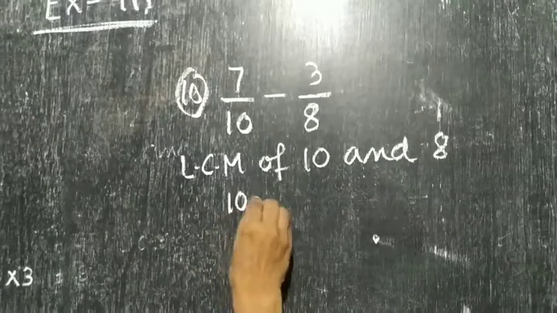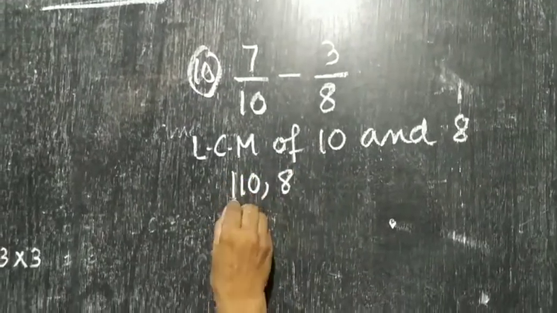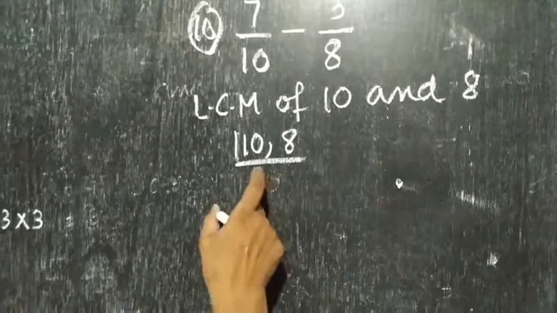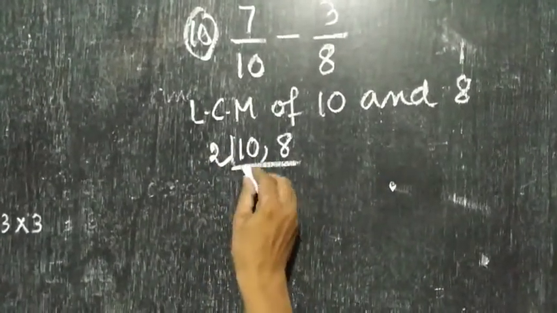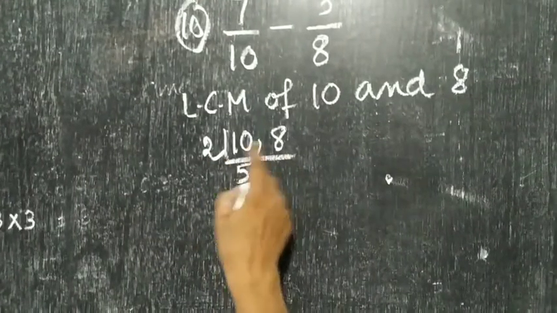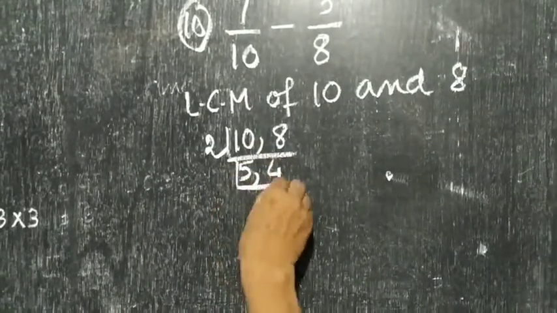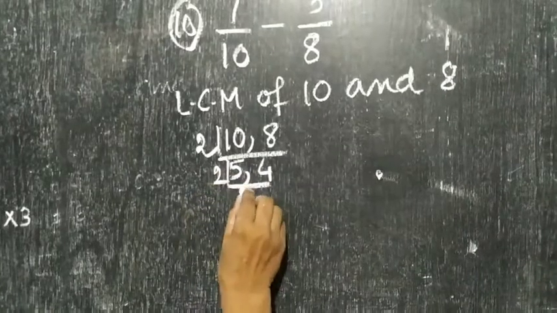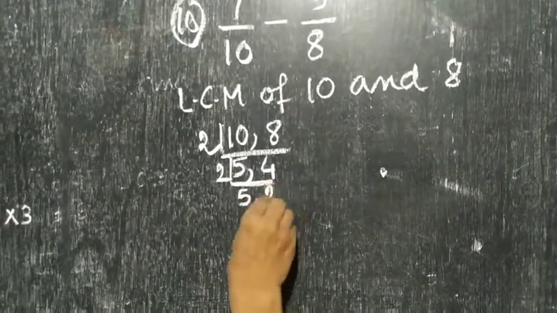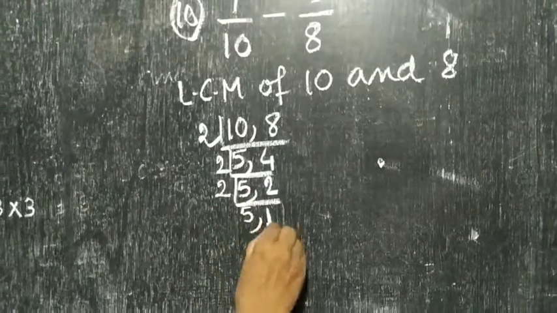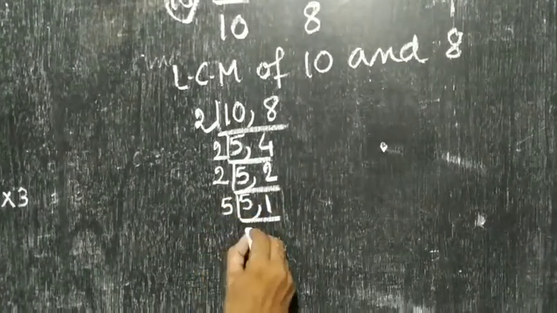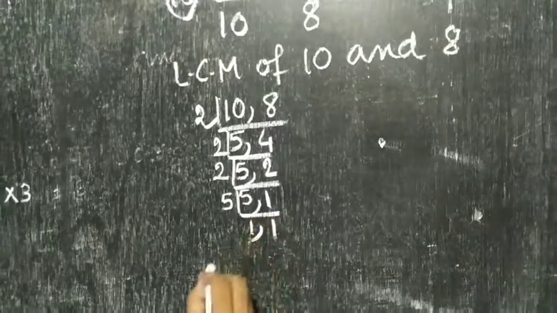Now I shall use the repeated division method here also to find the LCM of 10 and 8. So divide them by 2. 10 divided by 2, 5. 8 divided by 2, 4. Again divide them by 2. So 5, 2. Again divide them by 2. So 5, 1. Again divide them by 5, 1, 1.